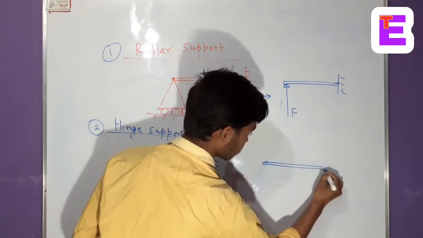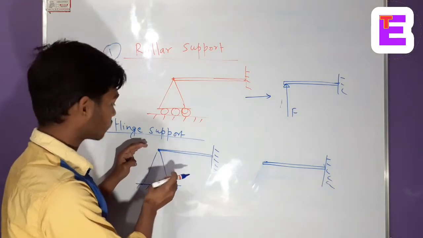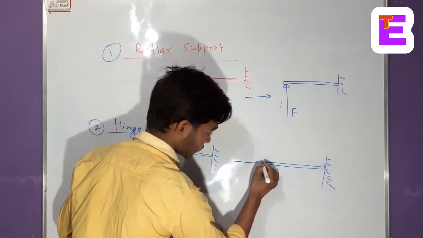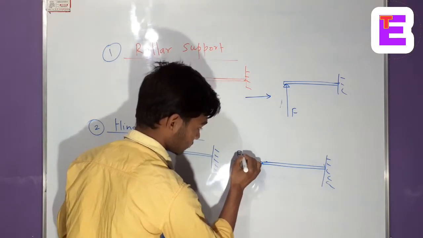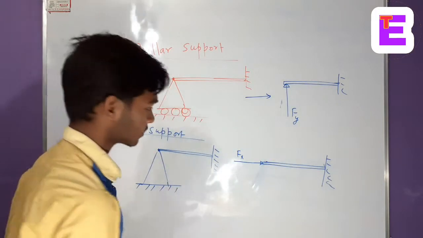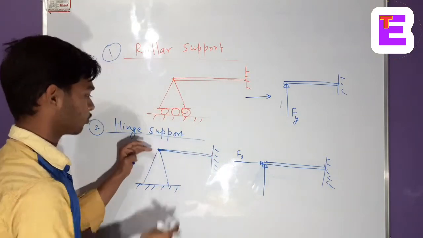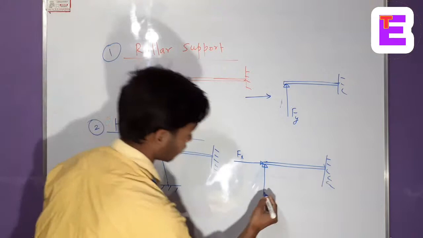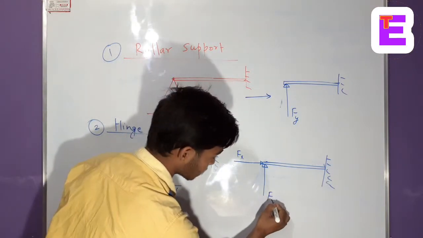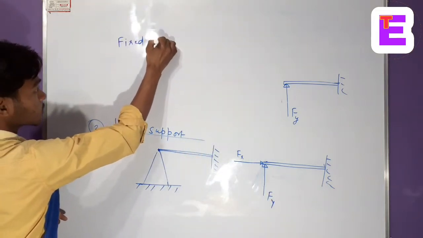Say this is our beam. It is not allowing movement in the x direction, so it will apply some force in the x direction. And also it is not allowing the movement of the beam in the y direction, so it will also apply some force, the reaction Fy. The third one is the fixed support.